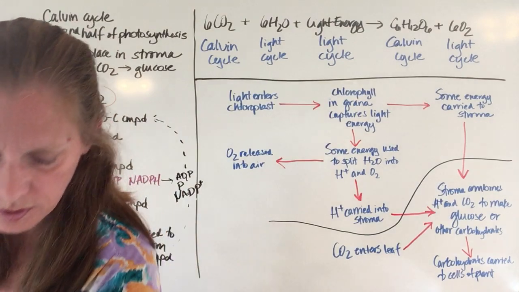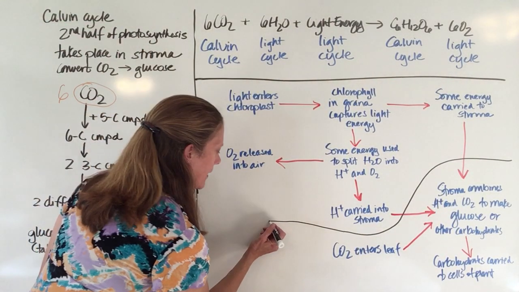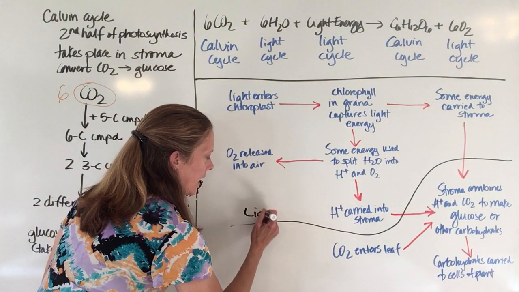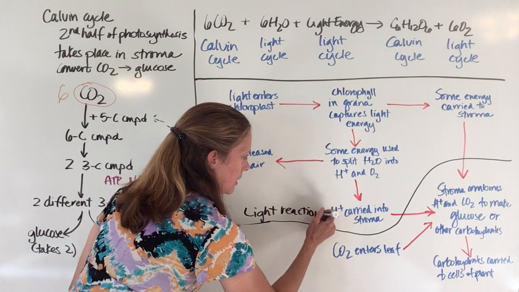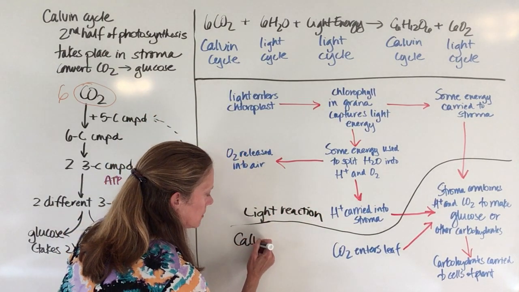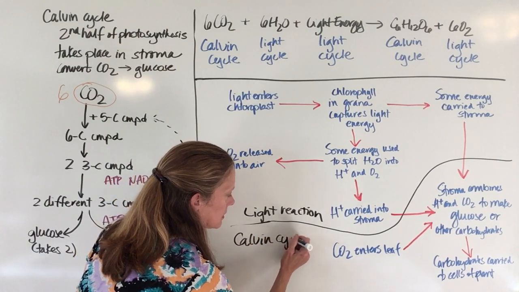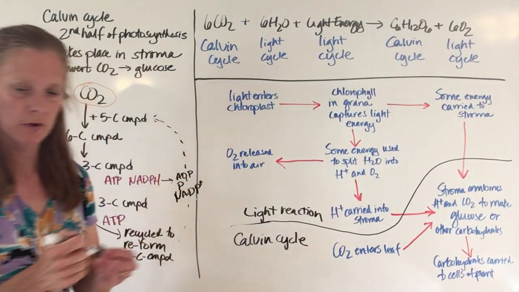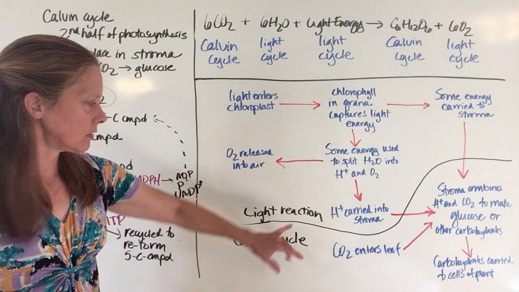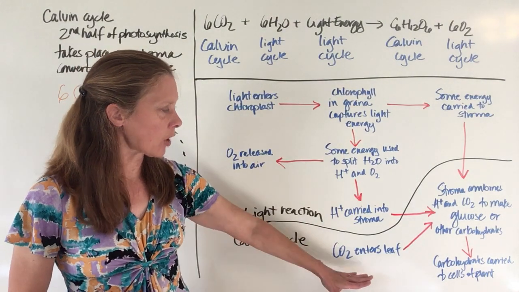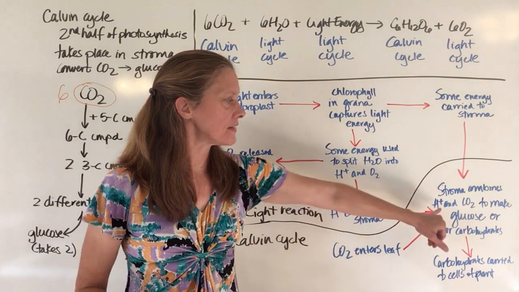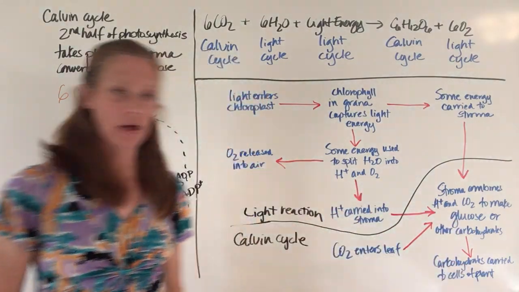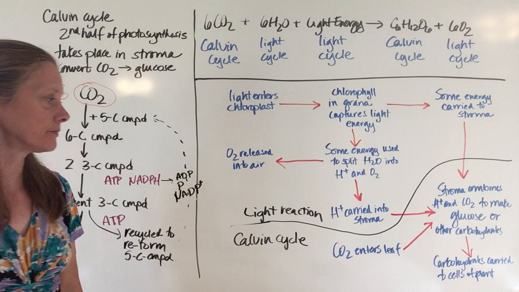And so above the line is the light reaction, and below the line is the Calvin cycle, okay? So the Calvin cycle starts where your carbon dioxide enters, and it combines with the hydrogen ion that has already been carried there to make that glucose, all right?